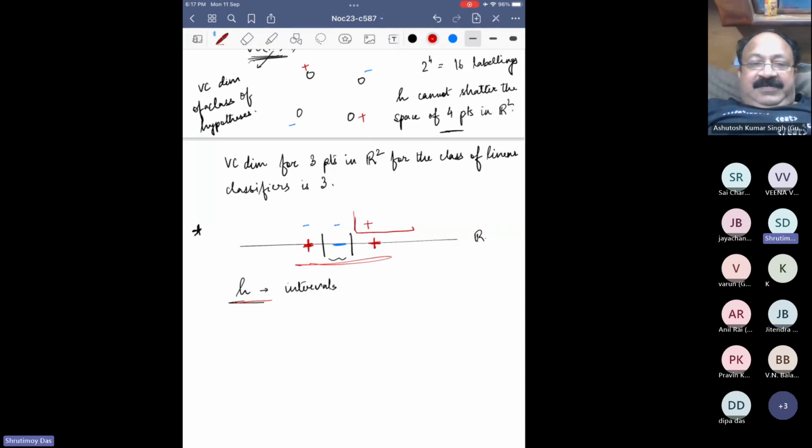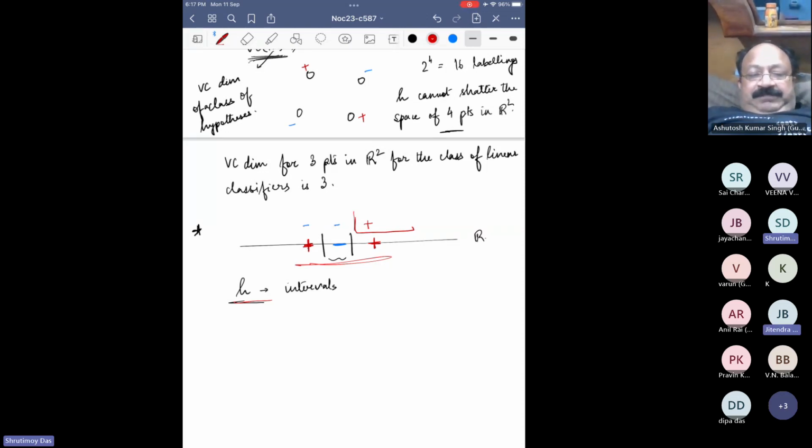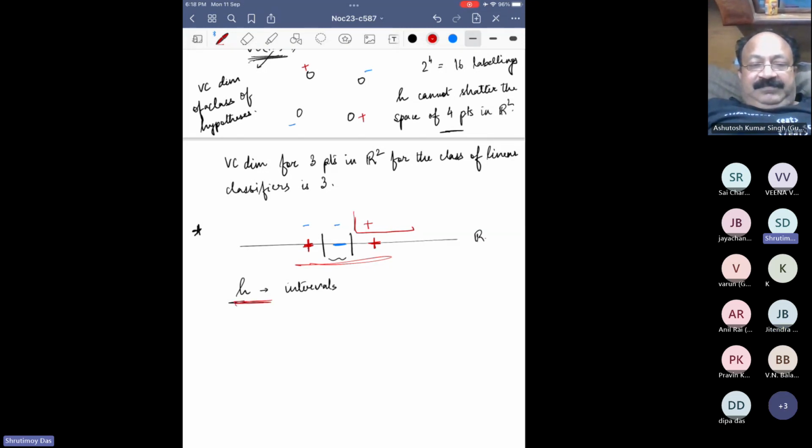There can be 8 such combinations of plus and minus. If this class of intervals is able to learn a decision boundary for all of these 8 cases, only then can we say that it will shatter these 3 points on the real line. But if there is even one case where it cannot learn, then we can say that it does not shatter. So it will look at all possible configurations of these points.